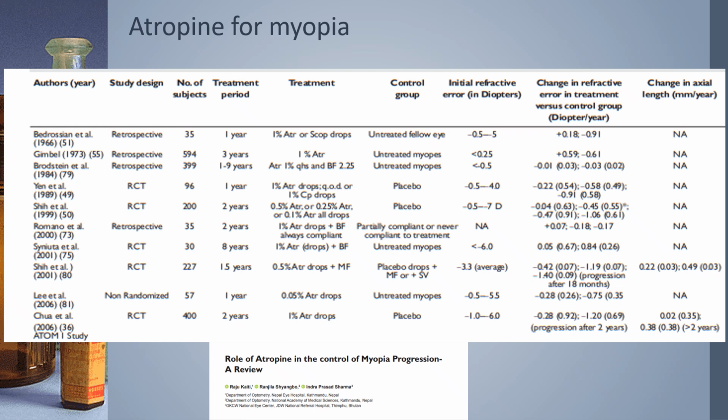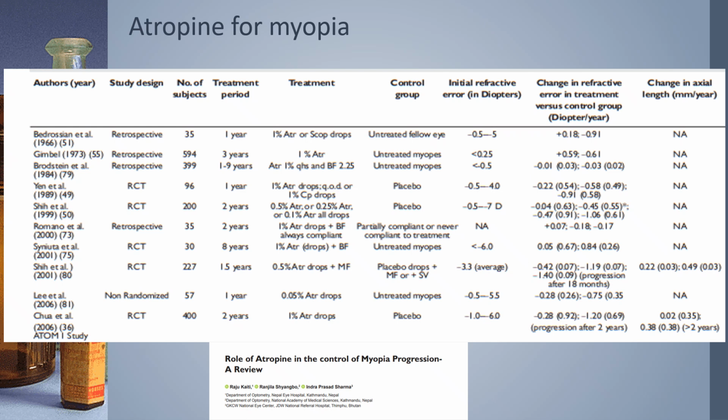There has been a lot of literature even prior to the ATOM studies. You can see a very good study in 2006. Obviously it was a non-randomized study, but you can see that they used 0.05% atropine eye drops even before the landmark ATOM 1 study by Chua et al.